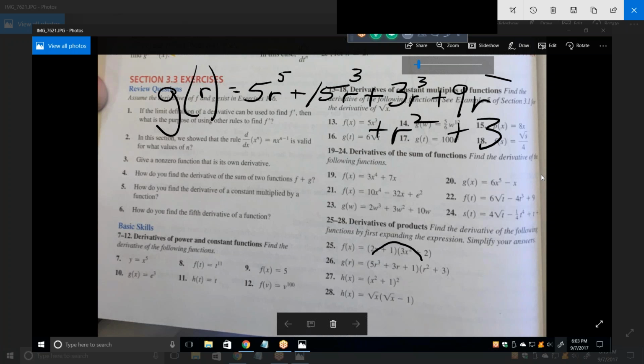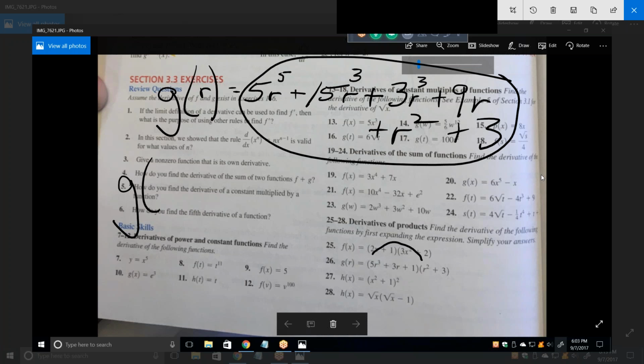Now combine like terms and simplify. Okay, so I would combine. So I'd have 6. Oh, no. Take that back. 5r to the 5th plus 18r cubed plus r squared plus 9r plus 3.